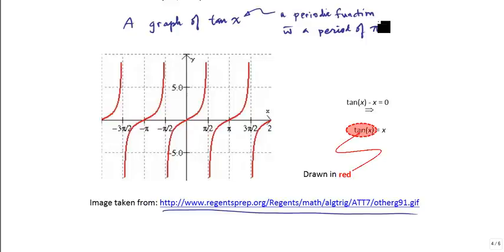That means that if you look at these segments here, from here to here, in between we have a pi segment, and notice what the graph is doing.